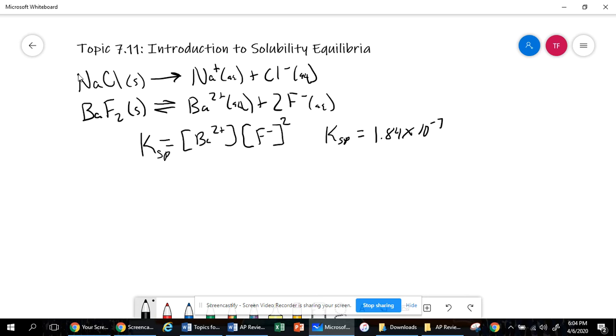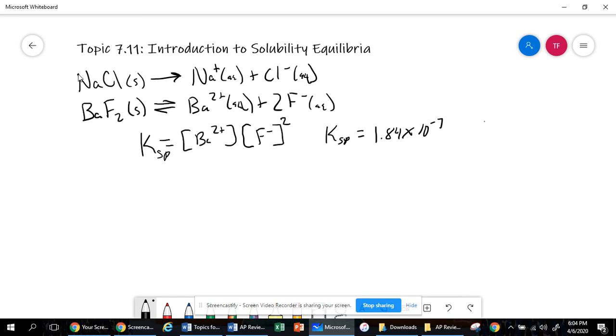Notice this is a very, very tiny number. That means that very little of the barium fluoride will actually form barium ions and fluoride ions. So if the barium fluoride starts dissolving, it will only dissolve until the product of these 2 ions equals 1.84 times 10 to the negative 7.